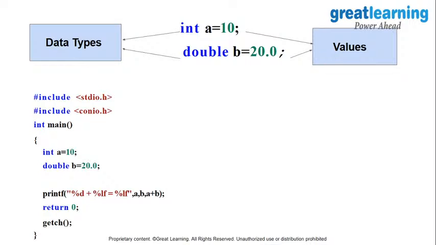Then we are using format specifiers: %d, and %lf for long float, that is the double that we are using. For printing these out we need a preprocessor directive, and we are just adding 10 and 20. So we are adding an integer value with a floating value, and then we are printing it out.